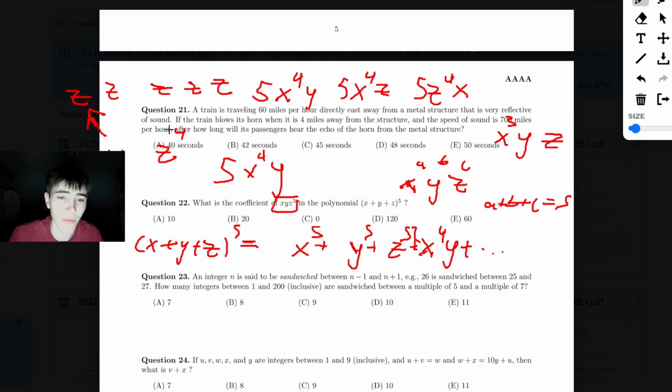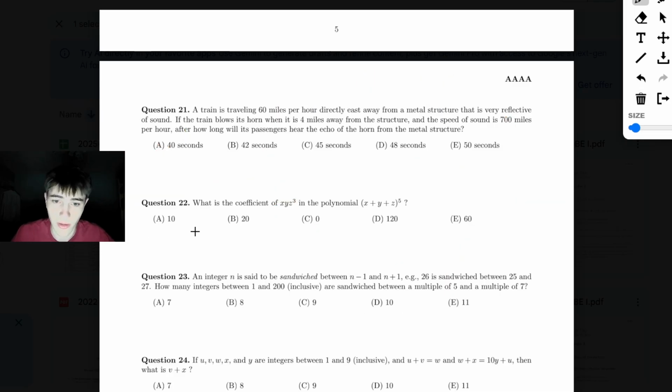But we have 4 ways to replace a z with a y, right? So we could have x, y, z cubed in 4 times more ways. So there'd be 5 options for replacing the z with the x, right? And then there would be 4 options with replacing the remaining z's with the y. So it'd be 5 times 4, which would be 20. So the answer is B.